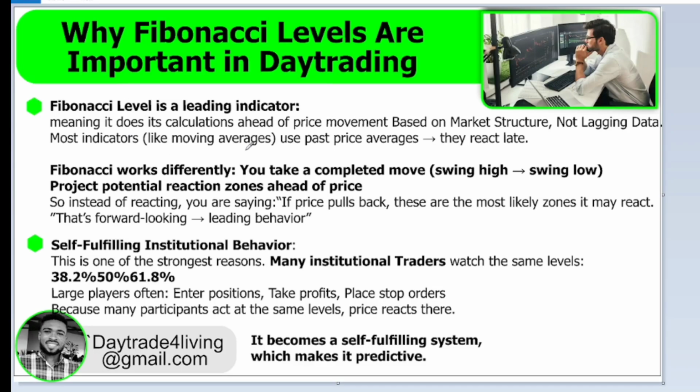Fibonacci does its calculation ahead of time, which means Fibonacci moves before price also moves. What does it mean? Moving averages only calculate per the movement of the price. So let's say the market makes a move, it moves before the moving average takes the average. When you say average, it means the calculation for a set of numbers.